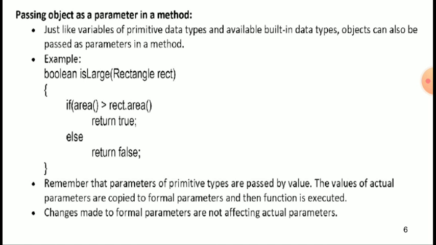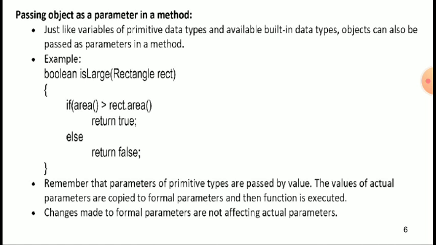Next topic is passing an object as a parameter in a method. Just like variables of primitive data type and available built-in data types, objects can also be passed as parameters in a method.